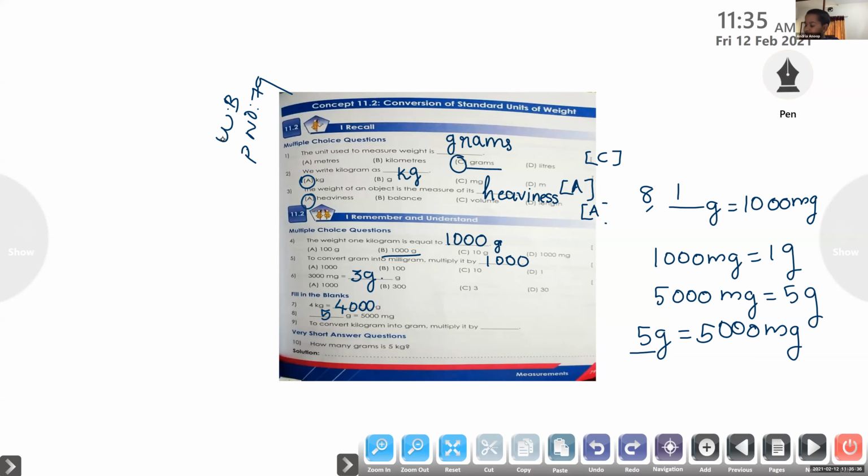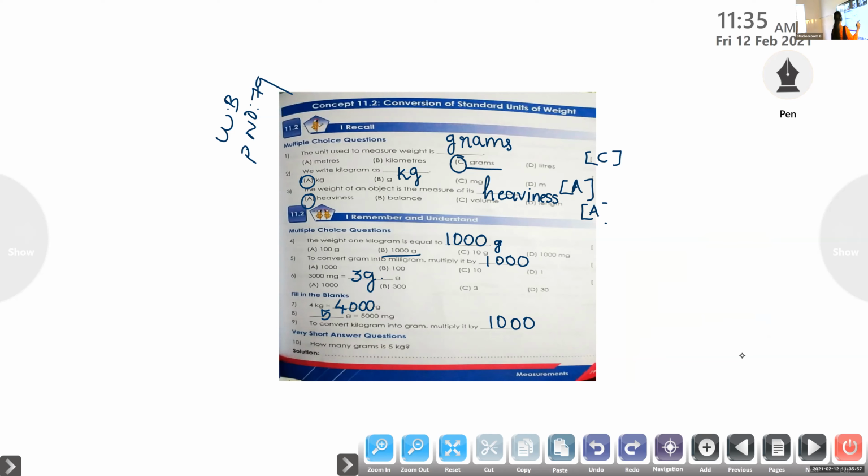Muhammad Hassan, please unmute. How many grams is 5 kilogram? That means 5 kilogram is equal. You cannot hear me, my dear. 5 kilogram equal to how many grams?